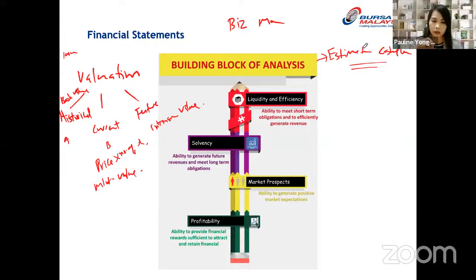That also brings us to looking at which industry we want to focus on, because there are certain industries where it is really hard to estimate the future cash flow. For example, commodities. If you operate in a commodities industry, the price itself is already a big question mark.